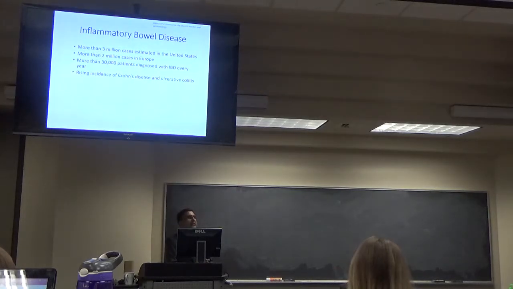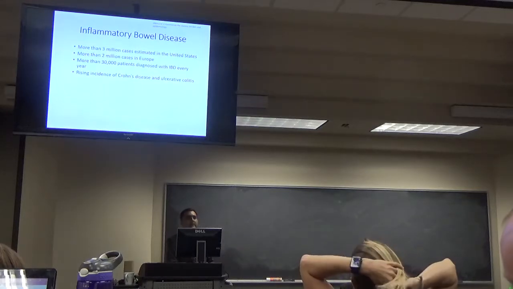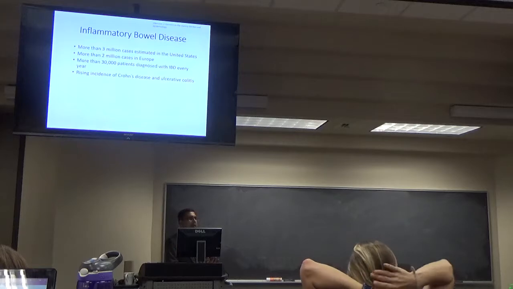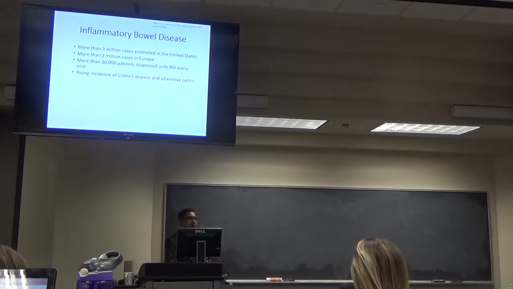Every year, 30,000 patients are being diagnosed with Crohn's and colitis in the United States. So by the time you graduate, there will be more and more people with this diagnosis. I remember when I came to Oklahoma in 2003, when I started my residency, we would hardly see patients in our clinic, maybe once or twice a week.